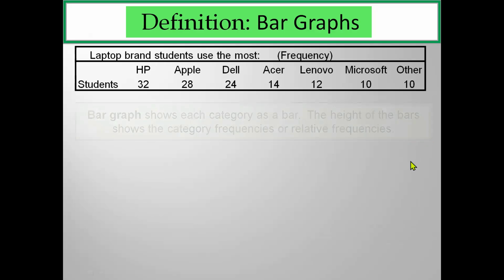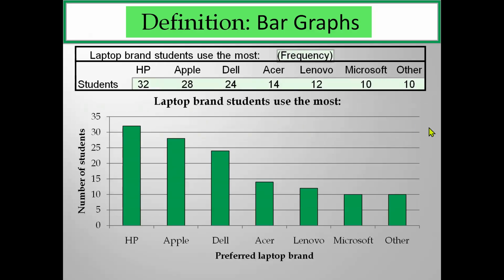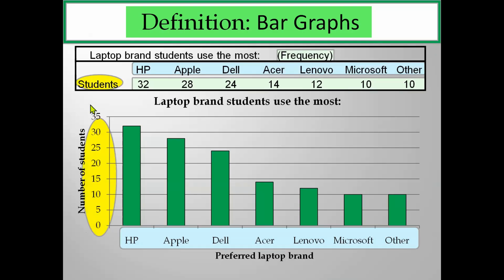We're going to create a bar graph where each category falls on the x-axis, or the horizontal axis, and the y-axis will represent the number of students, where each bar represents the frequency of our survey data of preferred brands that students use most.